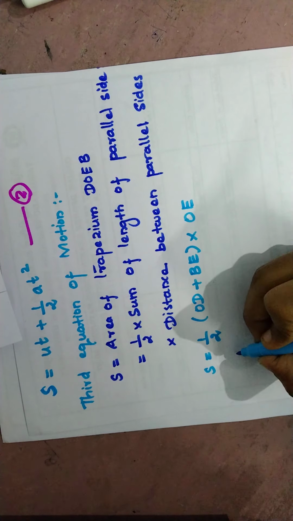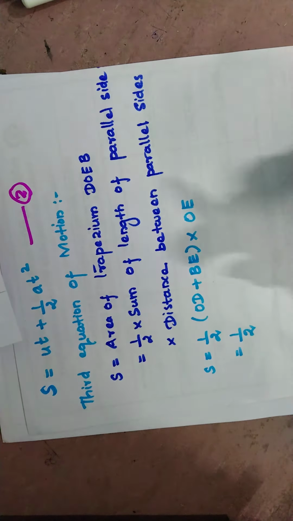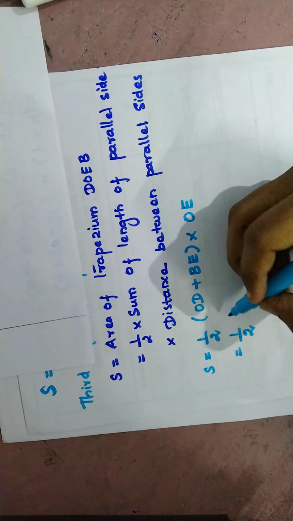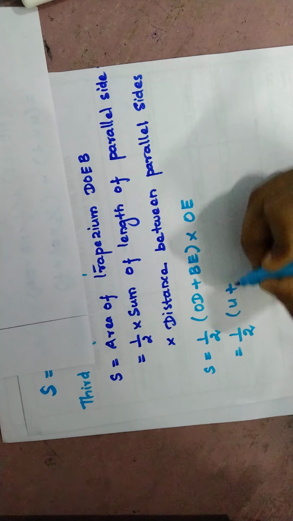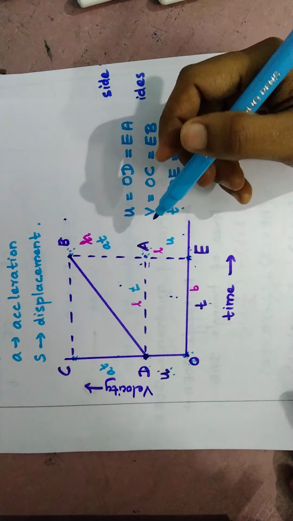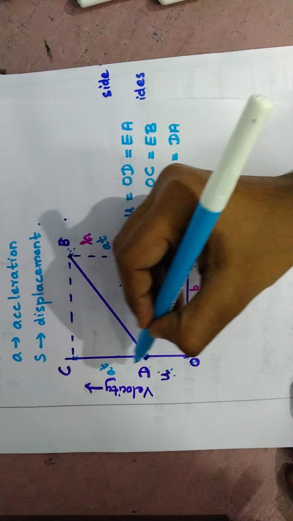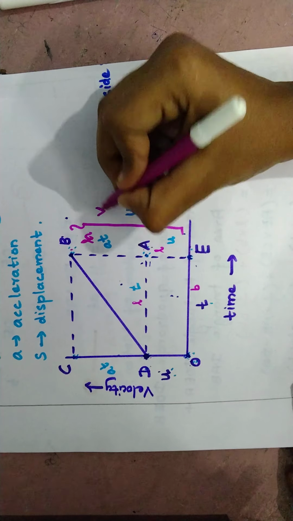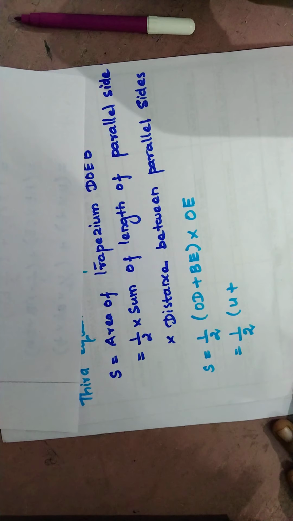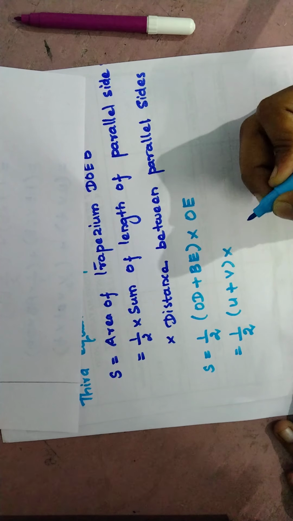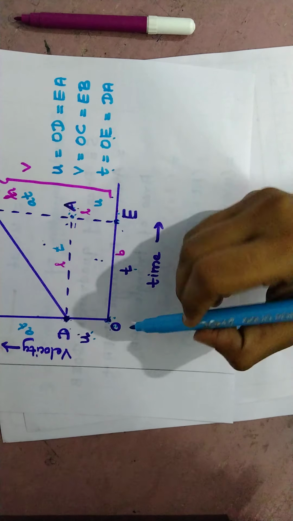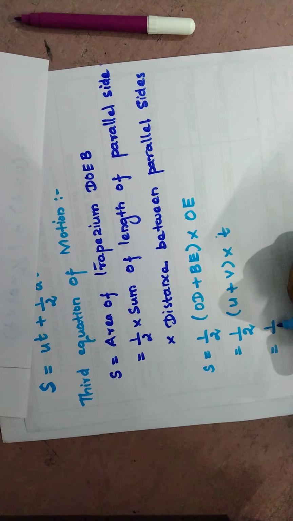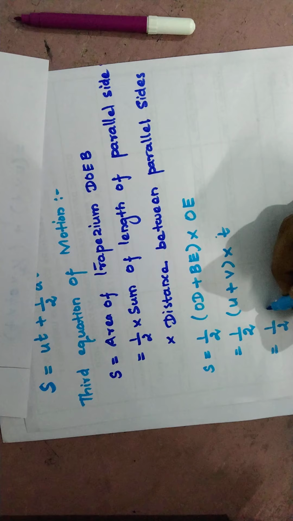So it is equal to half into, what is the value of OD? That is small u. Plus, what is the value of BE? BE is small v. Into, what is the value of OE? We knew that OE is T. So it becomes half into u plus v into t.